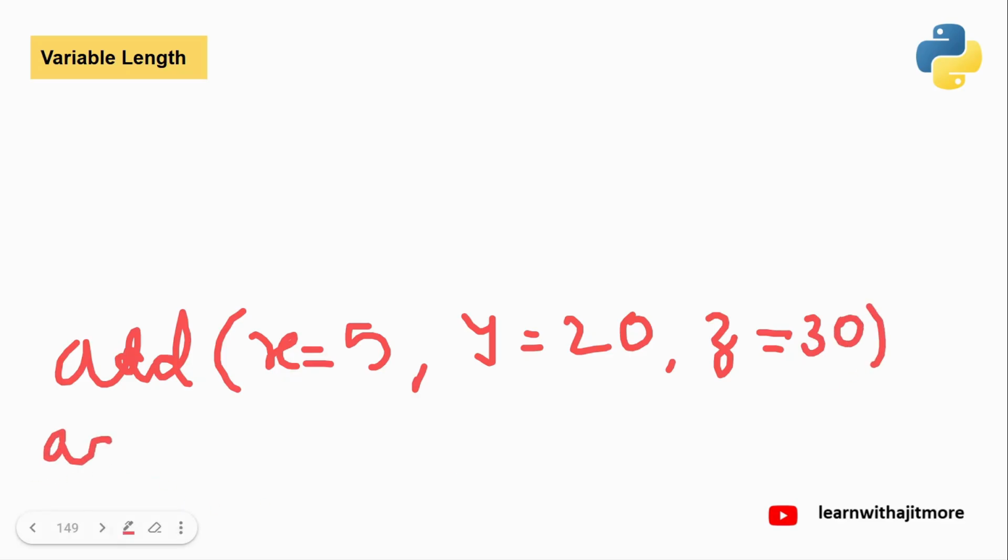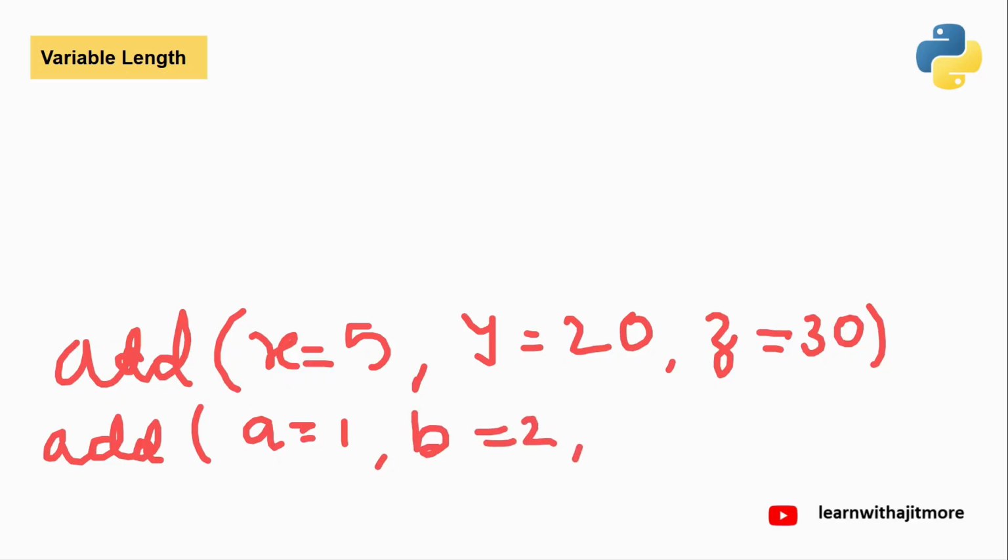And next time I'm writing a equal to 1, b equal to 2, y equal to something, z equal to something. So previously what I did was variable number of positional; this is variable number of keyword.